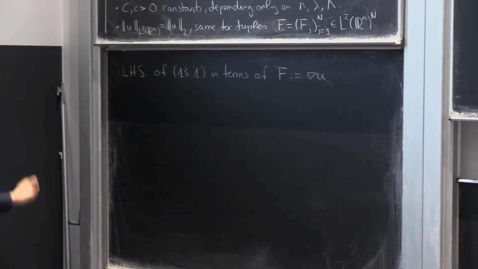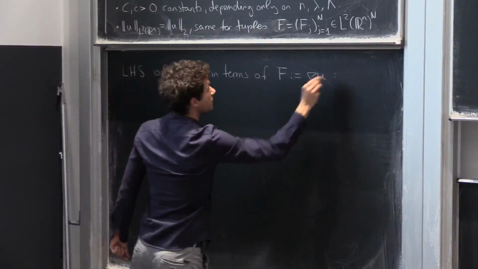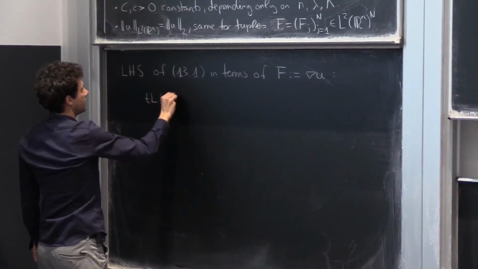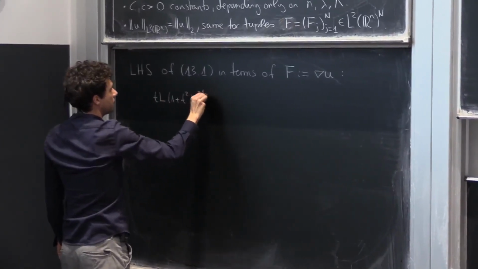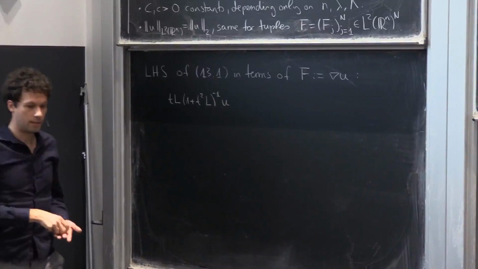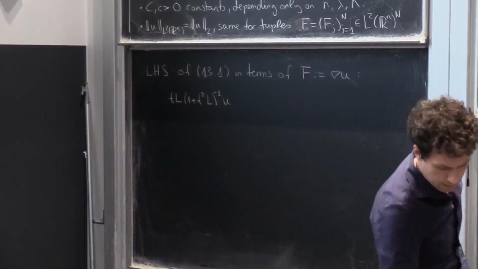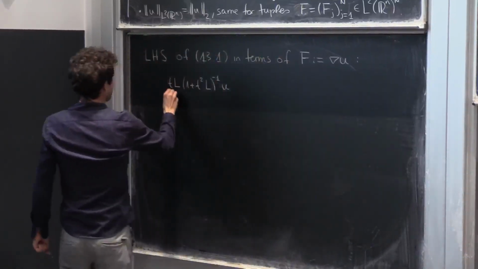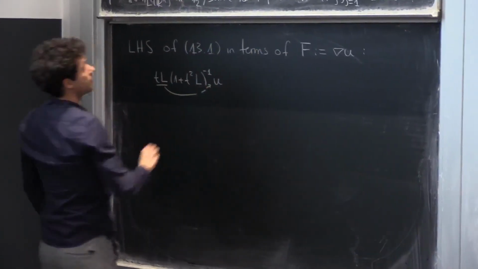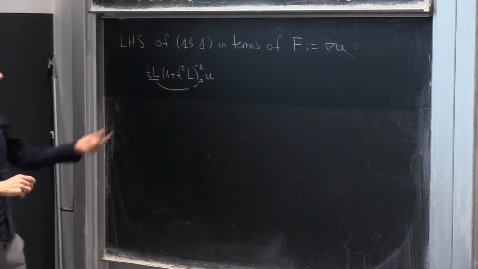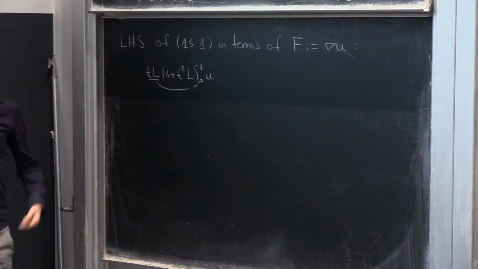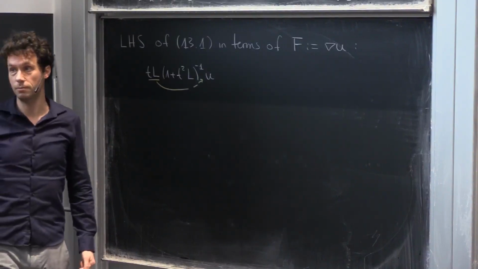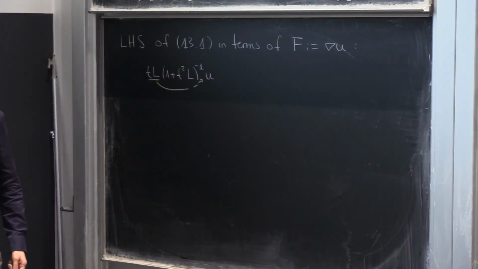And it will look much more pleasing. So how do I do that? Well, the thing that you have is T L applied to the resolvent acting on u, and now I cannot just commute the operator through like this, right? But if I use, instead of the L, the curly L, that is the divergence form operator, not as an operator in L2, but the bounded guy mapping H1 to H to the minus 1.